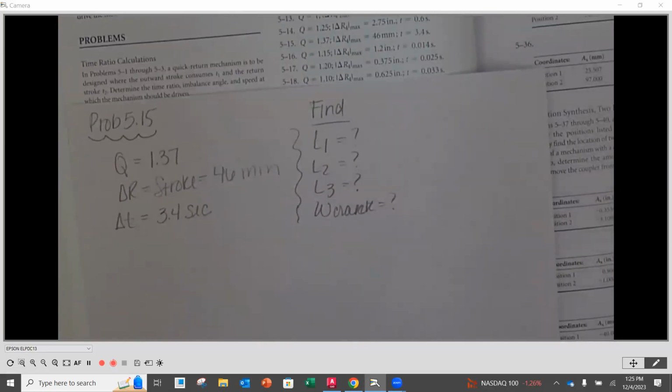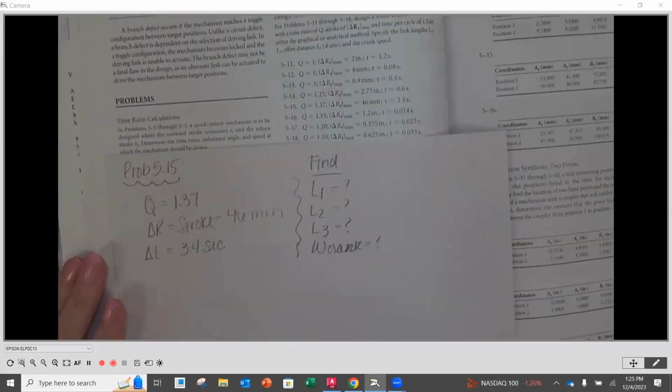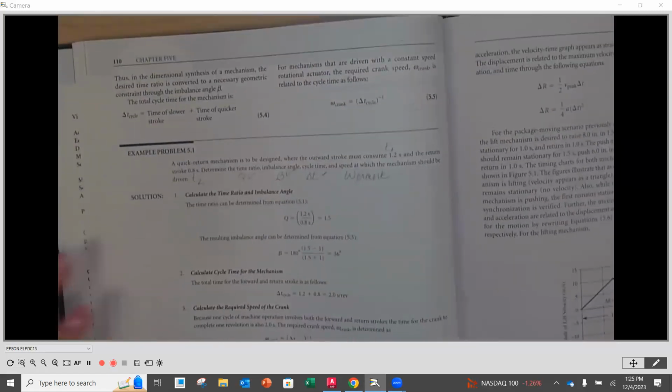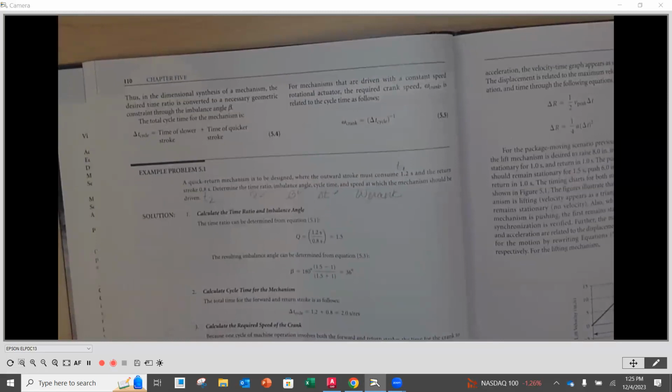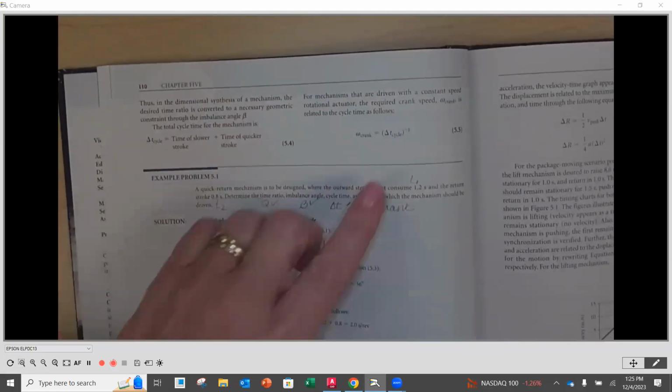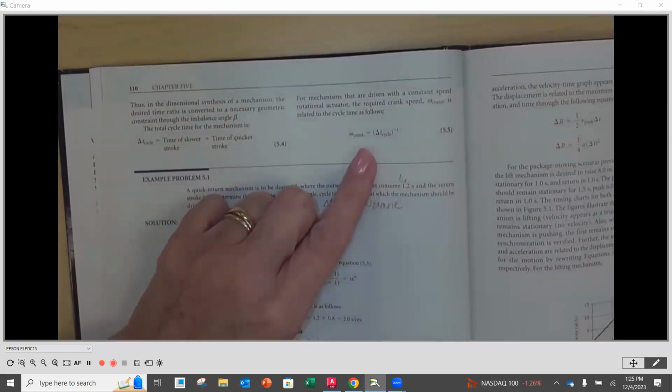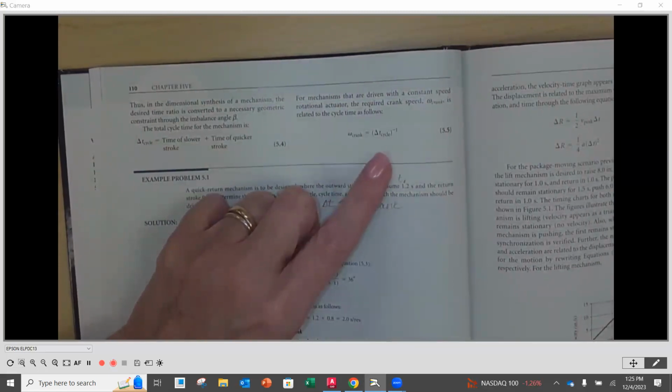As we look here, where do we want to start? Well, we're going to look at number 1, back at those equations. Maybe we should make an equation sheet. It's nice to have them all in one spot. We know that our crank W, the angular velocity of our crank, is going to be 1 revolution over the total cycle time.